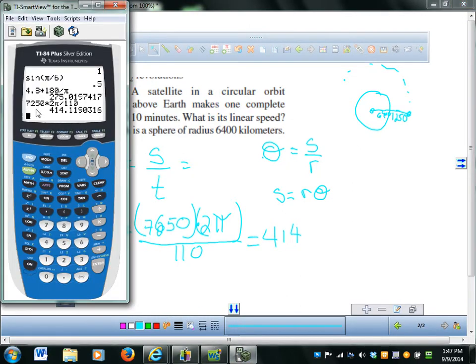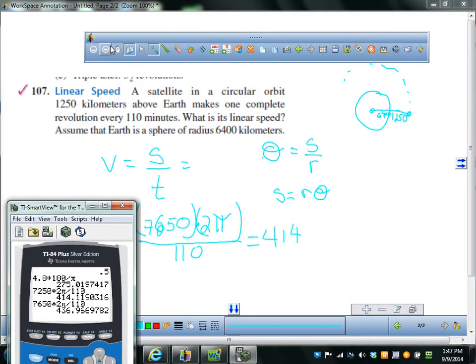I'm going to go 7,650 times 2 pi divided by 110 gives you about 437 kilometers per minute.